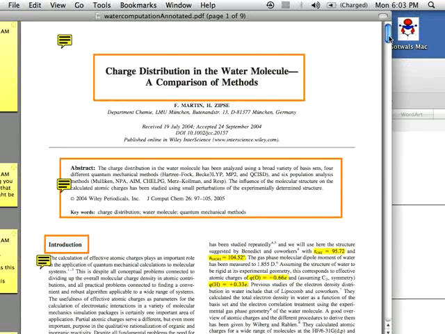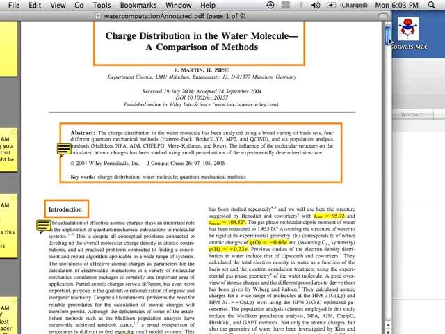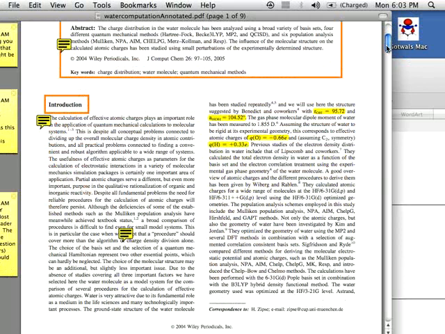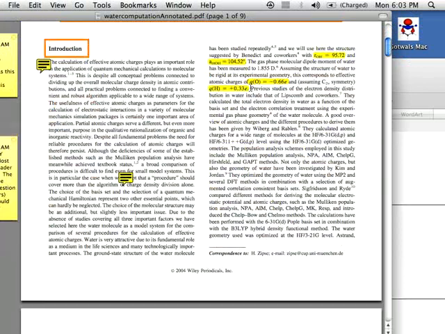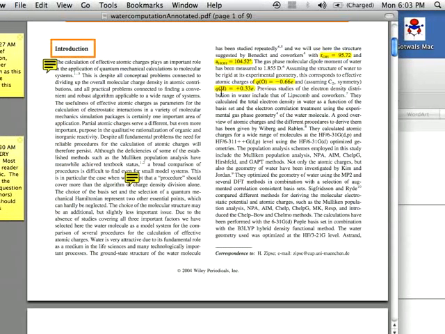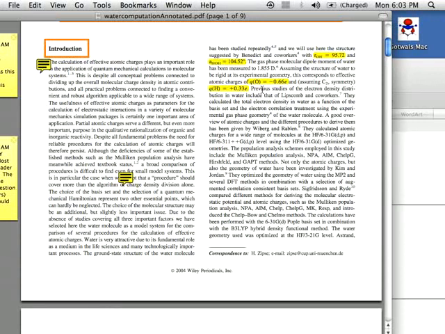It turns out actually when we really look at oxygen and hydrogen, the charges are not integer numbers like -2 and +1. So down here I've highlighted in the introduction what they think the charges are. These authors are saying that we believe, and the Q there means charge, that the charge on the oxygen is -0.66 electrons, and that the charge on each of the two hydrogens is 0.33.